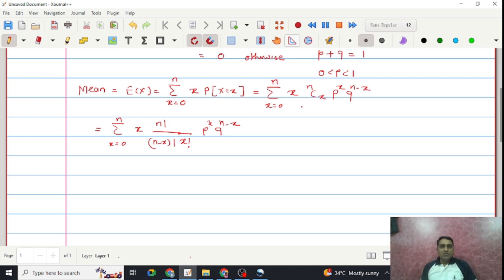Here for x equal to 0 the term is 0, so we change the range of x from 1 to n.